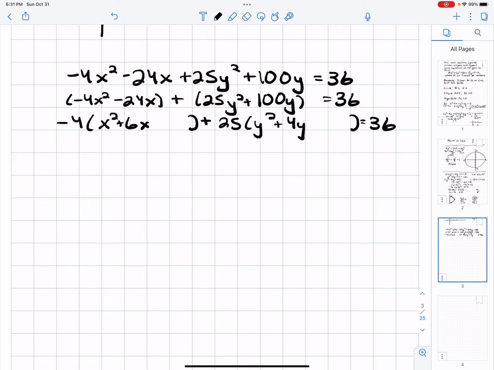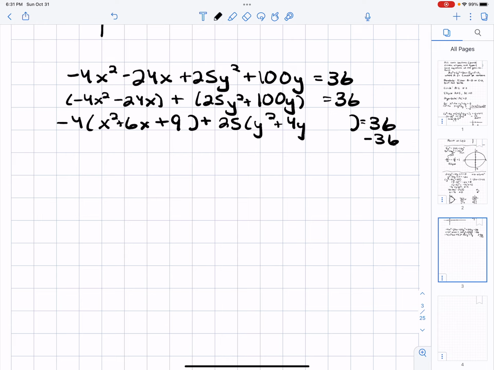All right, half of 6 is 3. 3 squared is 9. So I can put a plus 9 in that first set of parentheses. But notice I'm not actually adding 9 on the left side. I'm actually adding a negative 36 because of that negative 4 that had been factored out. So over on the right, I need to do a minus 36 as well.